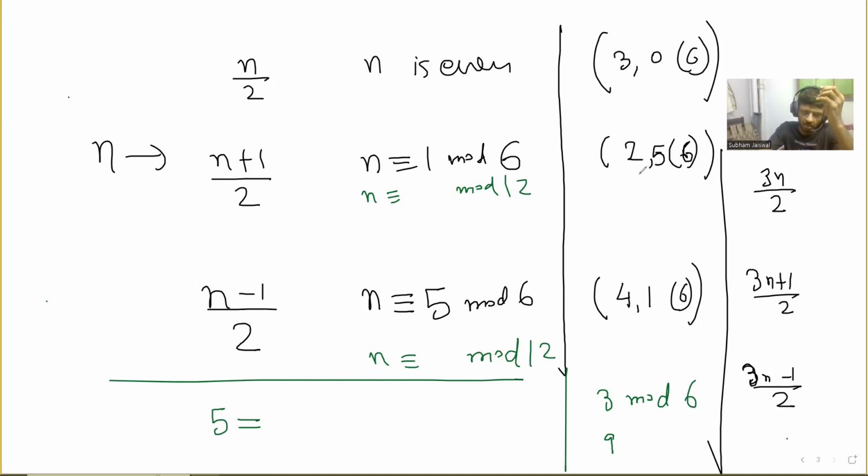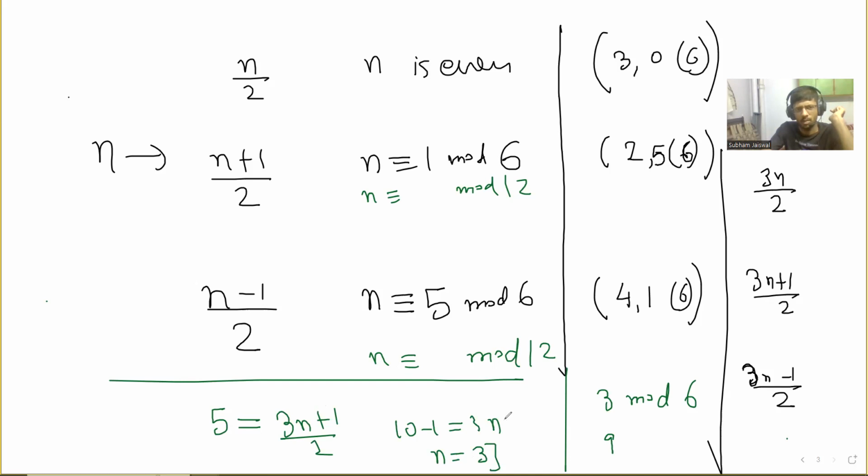Yeah, I think this should work. Okay, let's see. So if I take 5, and I want to solve it with this 3n, so I get n equal to 3.